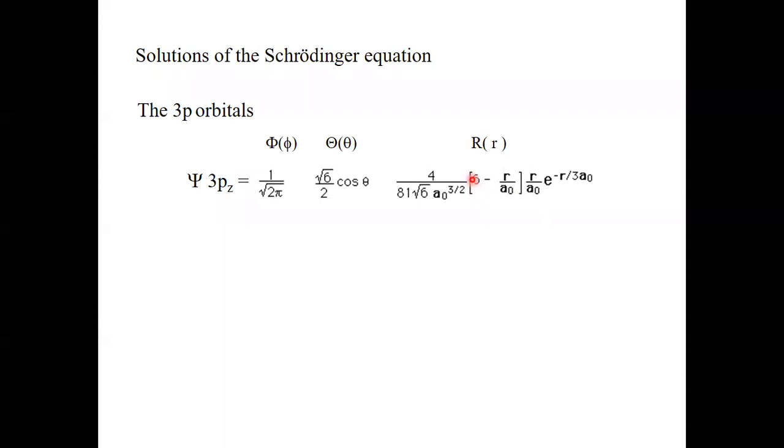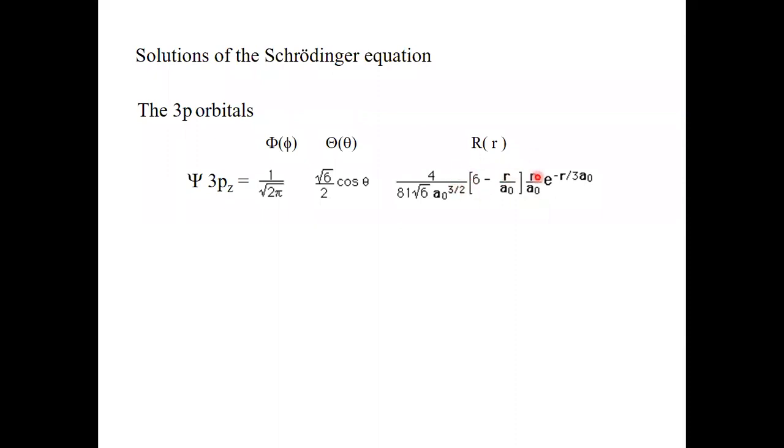So this term has to become 0, and then you just have to resolve for r. Can you do this in the top of your head? So r should be equal to 6a0, right? Yeah.